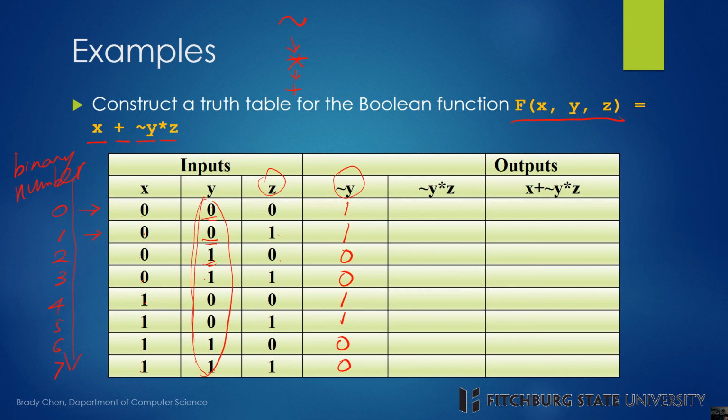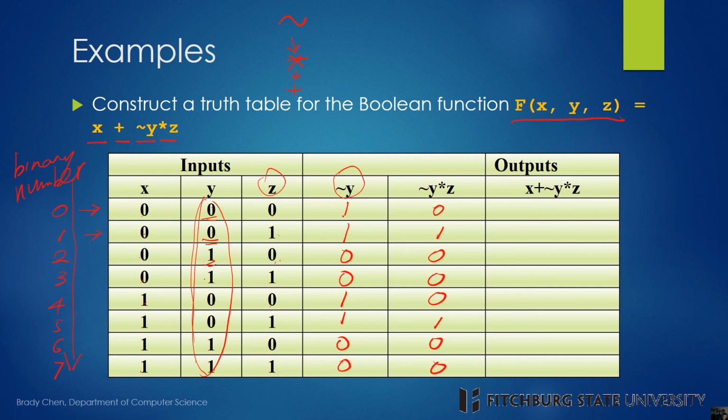So 1 and 0, based on the definition of the AND operator, that's 0. 1 and 1, 1. 0 and 0, 0. 0 and 1, that's 0, right? 1 and 0, that's 0. That's basically from the definition of the AND operation. You can go back and check the truth table for the AND operator. 1, 1, that's 1. 0, 0, 0, 1.